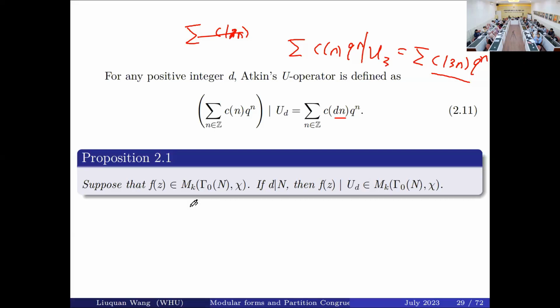And we need a very basic proposition. If F(z) is a modular form on the congruence subgroup Gamma_0(N) with character chi, and d is a factor of N, then after acting with the U operator U_d, the function still belongs to the same space. So F(z) acted on by U_d is still a modular form on Gamma_0(N) with the same weight and the same character.